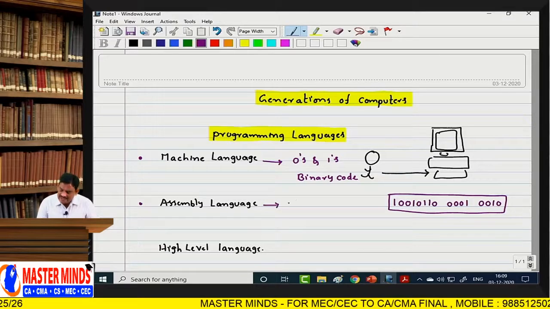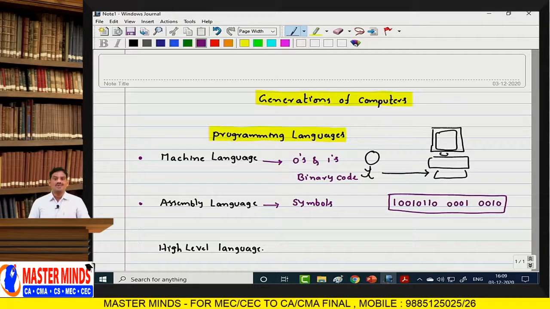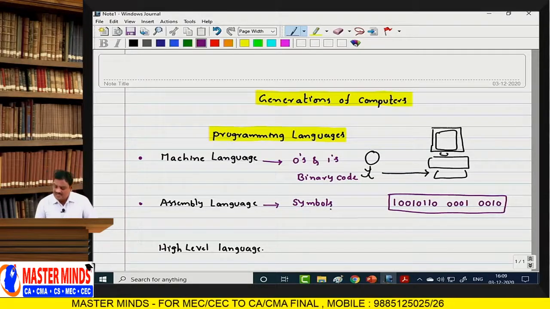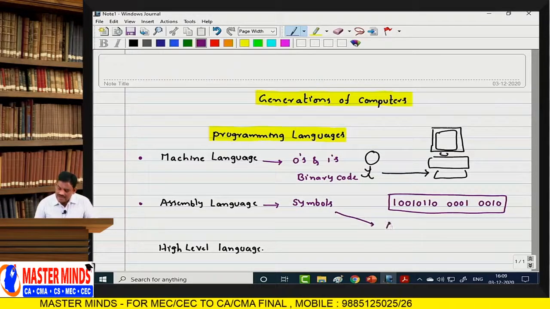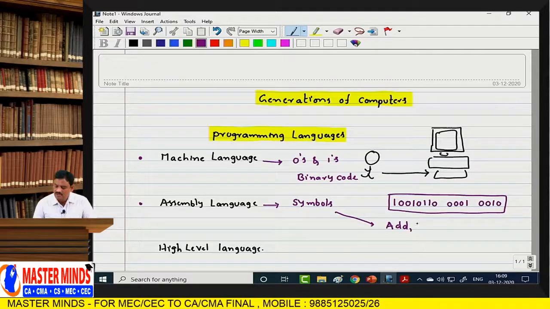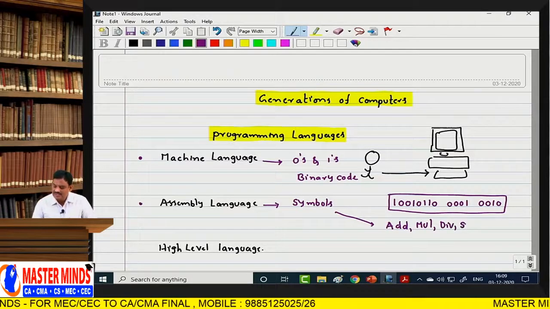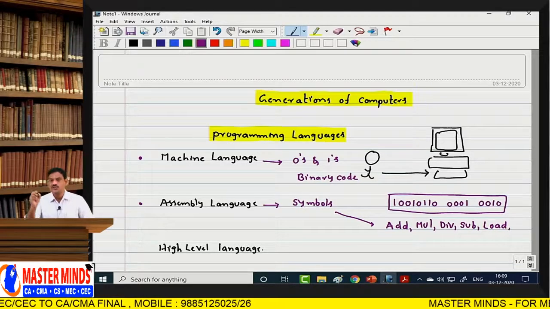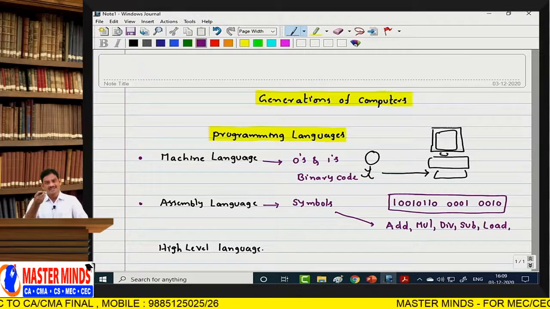Assembly language is a language in the form of symbols, also called mnemonics, such as add for addition, multiplication, div, sub for subtraction, load, push, pop. Pop is nothing but retrieve.